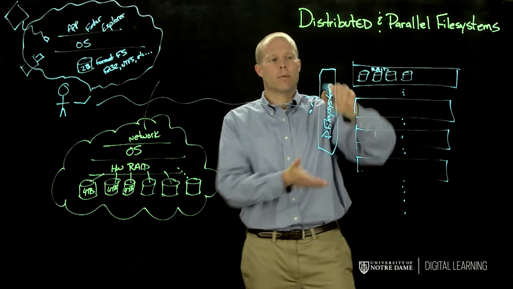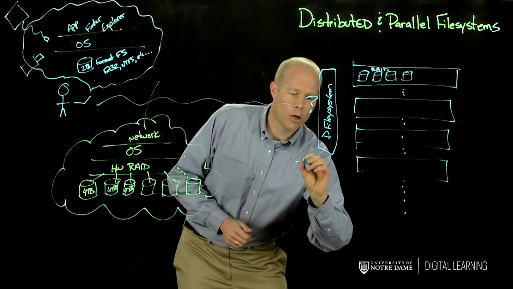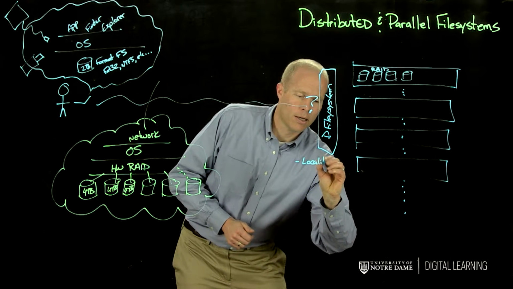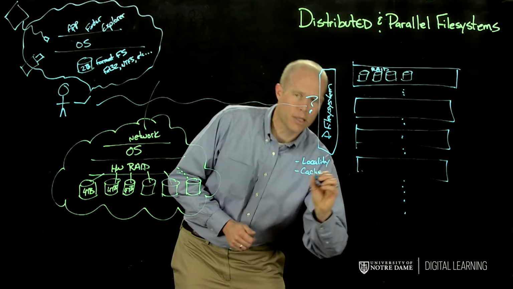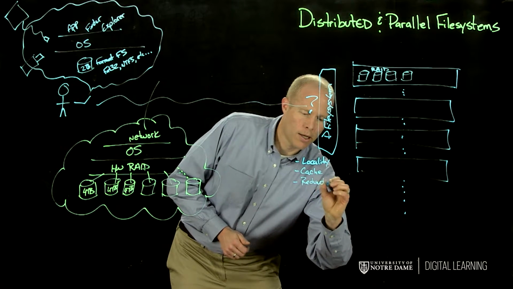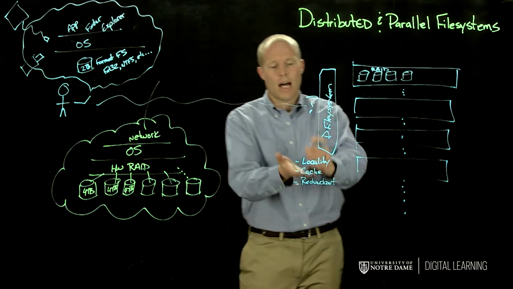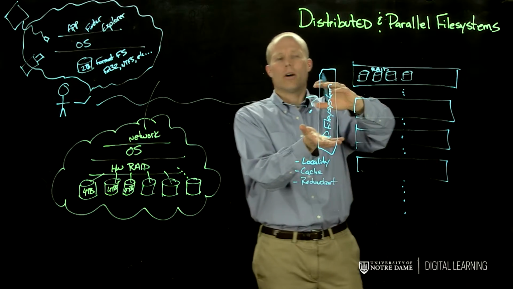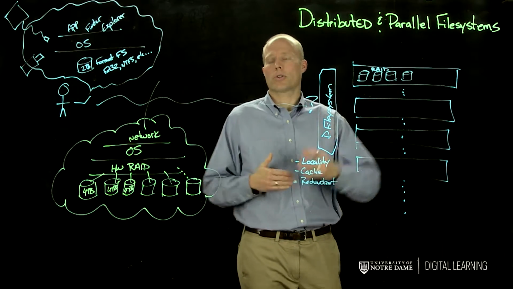If we have a file system here that knows where my files are, so what is on this file system? I know locality. I can cache files that become hot for performance. I can make files redundant for both performance and for reliability. There's a lot of things I can do now on this layer with my files for performance reasons. And we'll talk about those throughout the rest of the lectures.